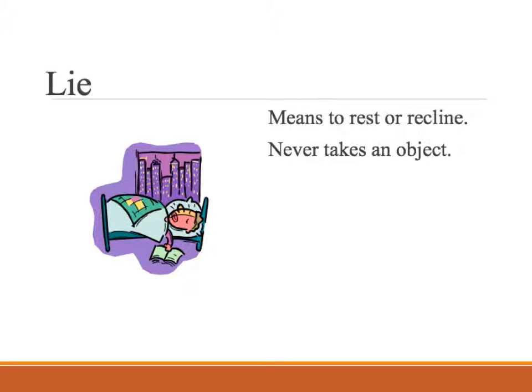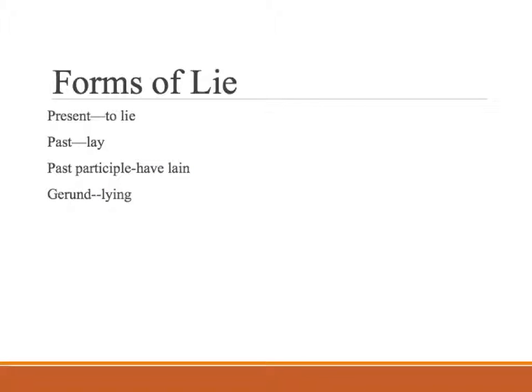Lie means to rest or recline. Does not need an object, never has an object. So let's take a look at the forms of this verb. To lie. So I could say, I want to lie down. No object here. I wouldn't say I want to lay down because there's no object. I want to lie down. I want to rest. I want to recline.